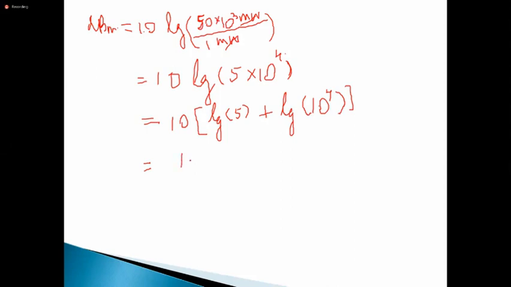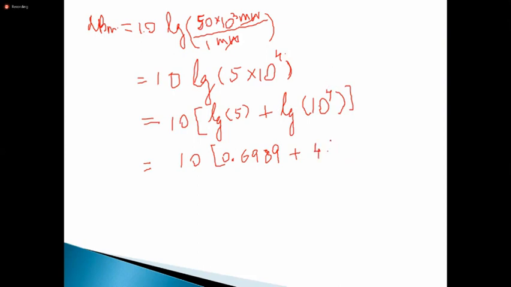You can simplify this. Log 5 is, I think, 0.6989, plus log 10 to the power 4 means 4 log 10.